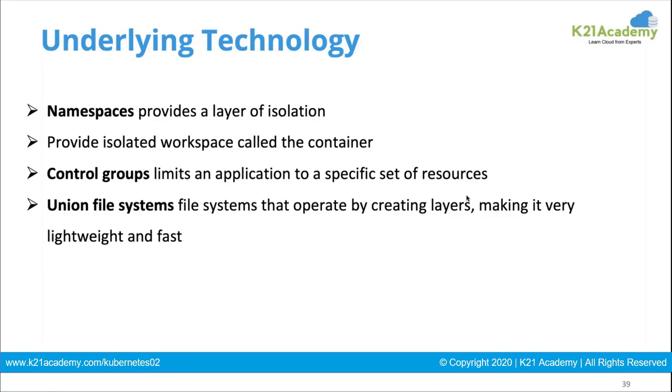Some of the kernel features from Linux are being utilized, like the namespace, which provides isolation, and containers are happy running in isolated environments. They can't trouble each other, right? They have a dedicated set of resources, and they would only use that much of resources. And then we can limit the cap. We can put a cap on the resources with a kernel feature called control groups.